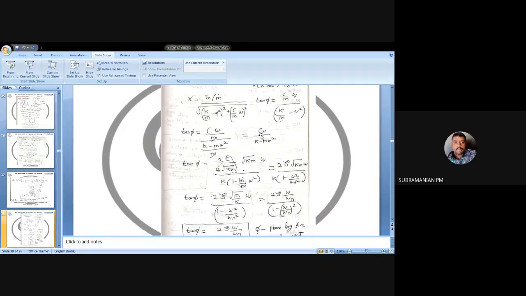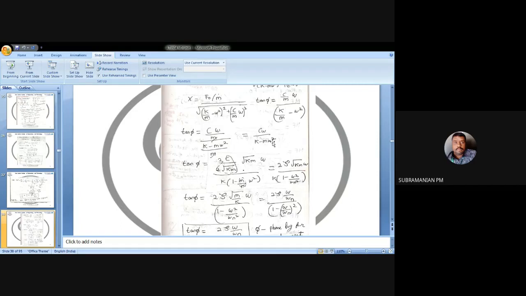Okay. So by simplification, you remember the first step, that is, initially what solution we have obtained for phase lag. Then the final solution will be in terms of frequency ratio and damping ratio, that is, 2 zeta omega by omega n. Okay, so please write down this.